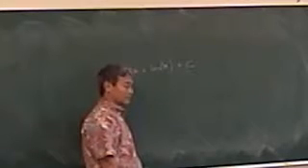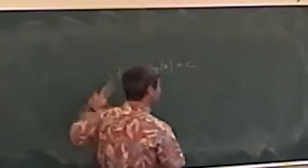Okay, next. You guys know the difference between continuous and differentiable? Let's see if we can get it intuitively. Here's 1, 2, and 3. Let's say you have a graph that looks like this.